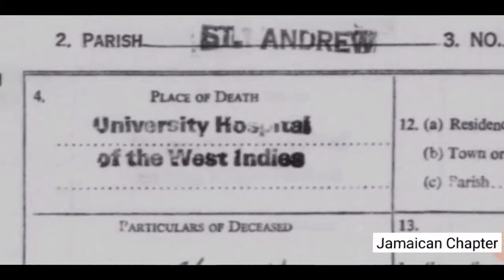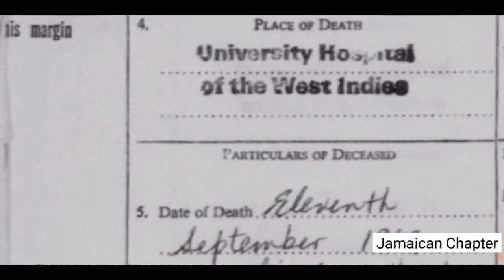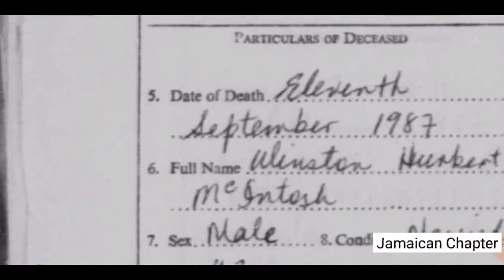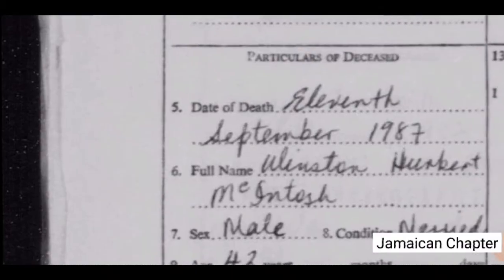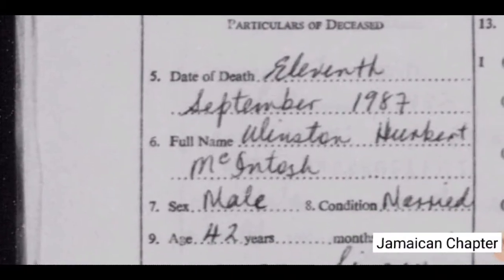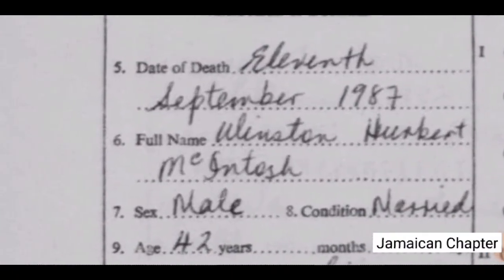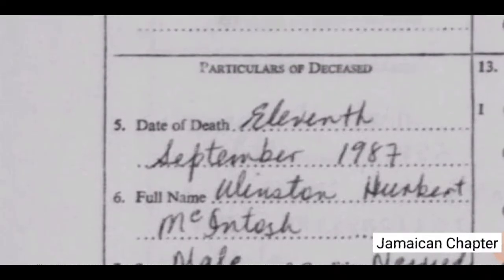Alright, so let's move on to the left of the form. Here on the left, you have a part that says particulars of deceased. Date of death, 11th September 1987.